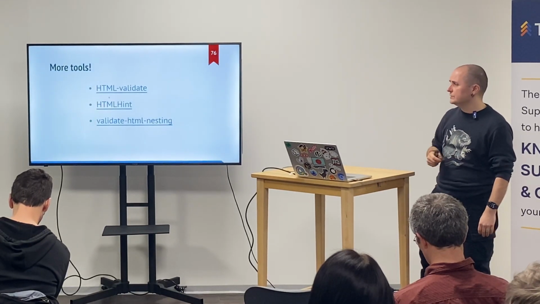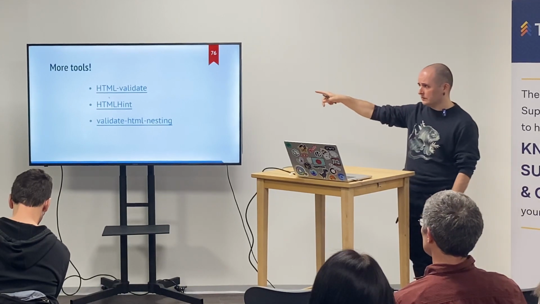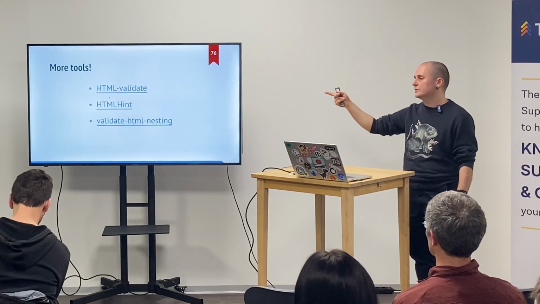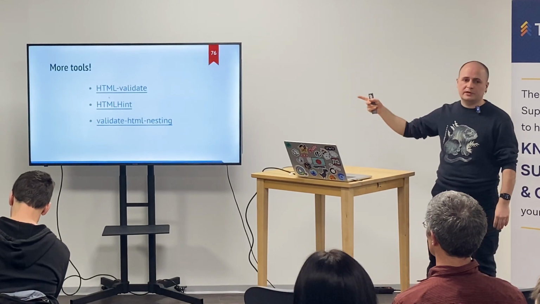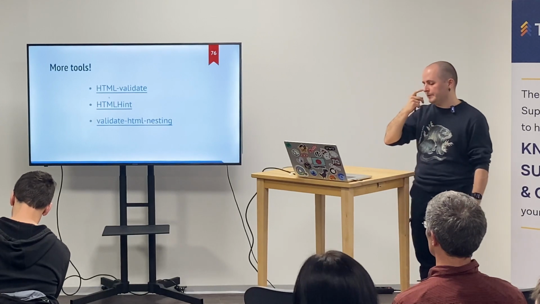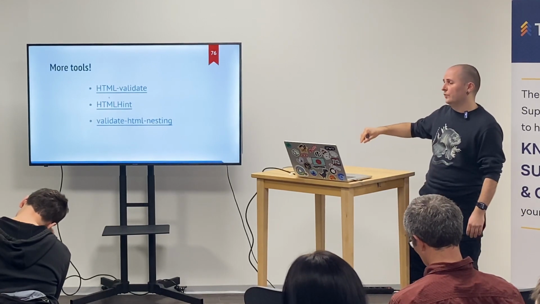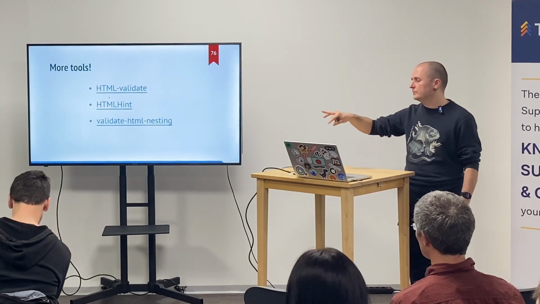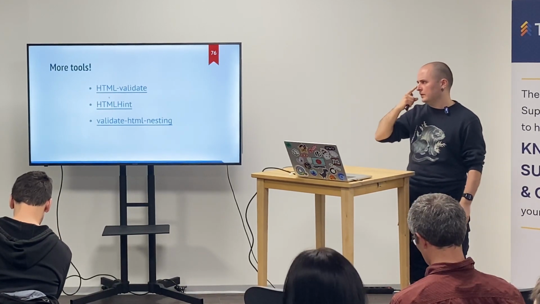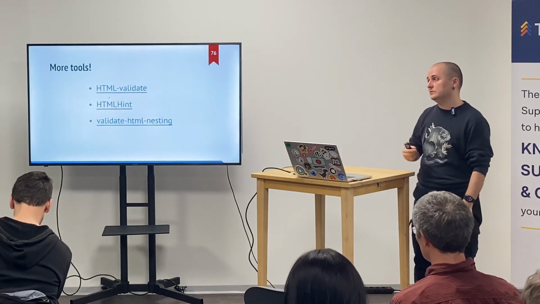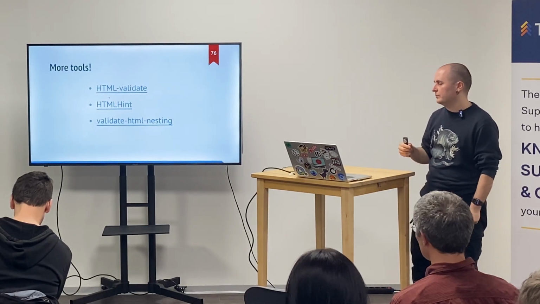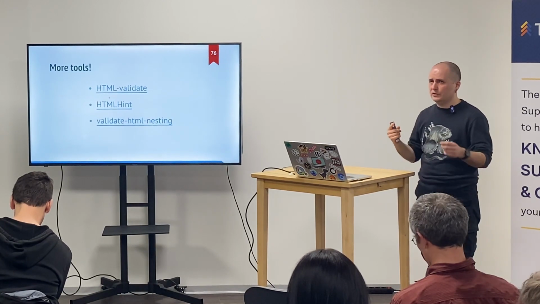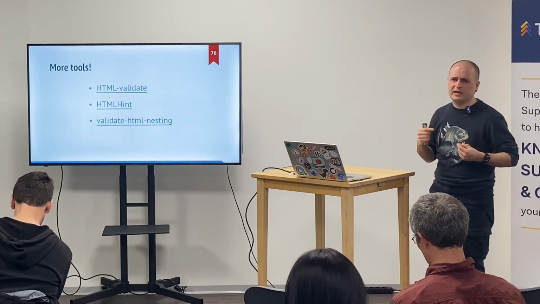And there are many other tools. I'm going to mention HTML-validate. It's written in JavaScript basically, so it's easier to integrate in your modern workflow. For code style, there's HTMLHint. It's a simple one. I think there are like 15 rules in there, but it might also help to catch some problems. And there's also a validate-html-nesting package that's trying to do something similar to what React does.